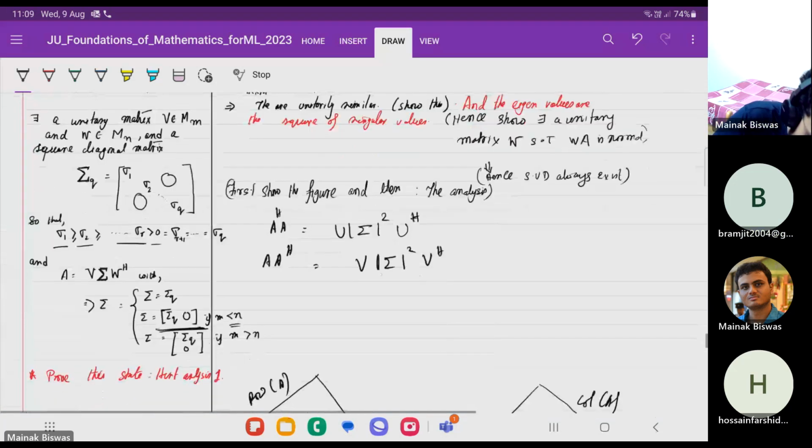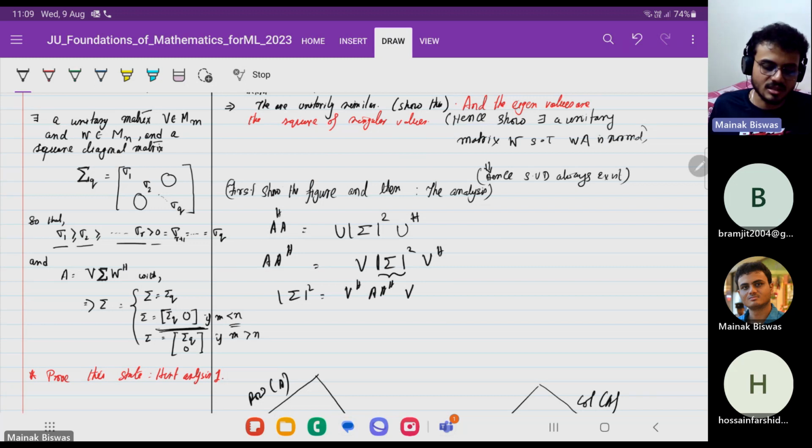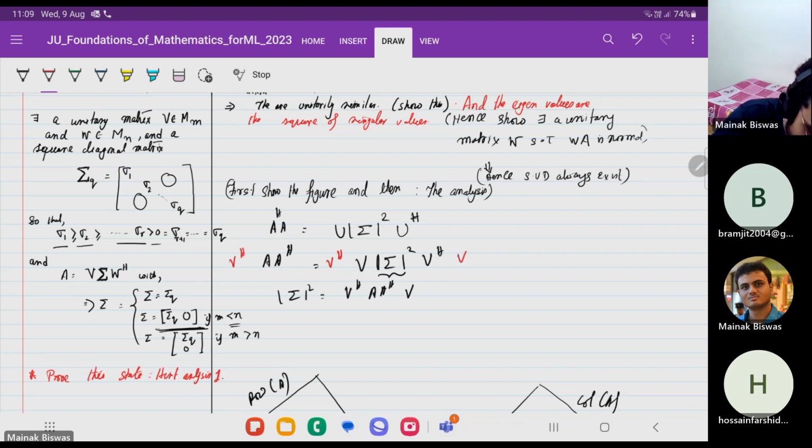So now what will I do? I will replace sigma squared as V Hermitian A A Hermitian V. Correct? I'm multiplying V Hermitian on both sides. Understood? Very simple, right?